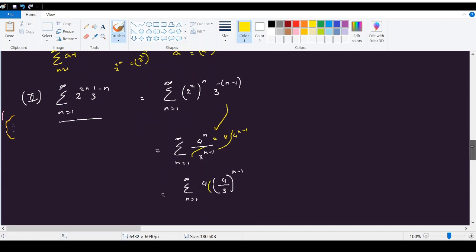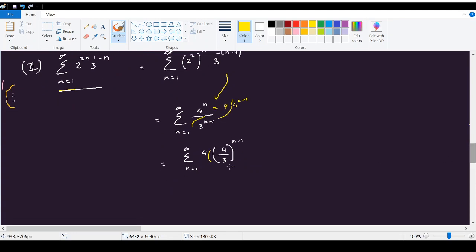Now we have rearranged the terms in the original series, and by looking at this final format, you can see that it is nicely represented as our usual geometric series notation, right? So here a is equal to 4, r is equal to 4 over 3.